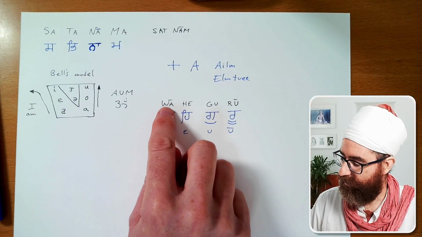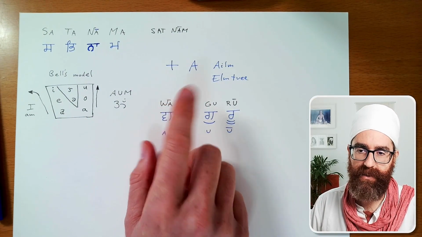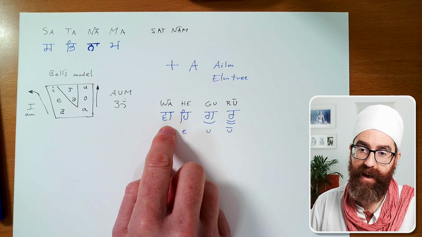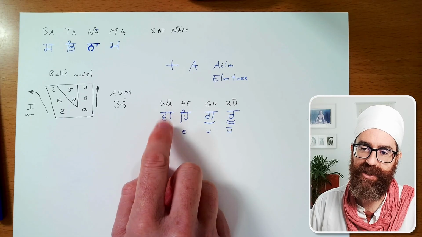The second chakra is associated to water, and we will see how the W sound, which you can write like W or a V sometimes, is linked as a semivowel to the second chakra, which is the water. So we're talking about the water element, but also Waheguru, this wonder, this height.